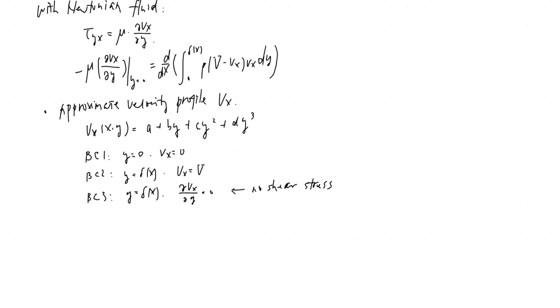Then the fourth boundary condition is at y equal to 0, the second derivative of velocity with respect to y equal to 0.